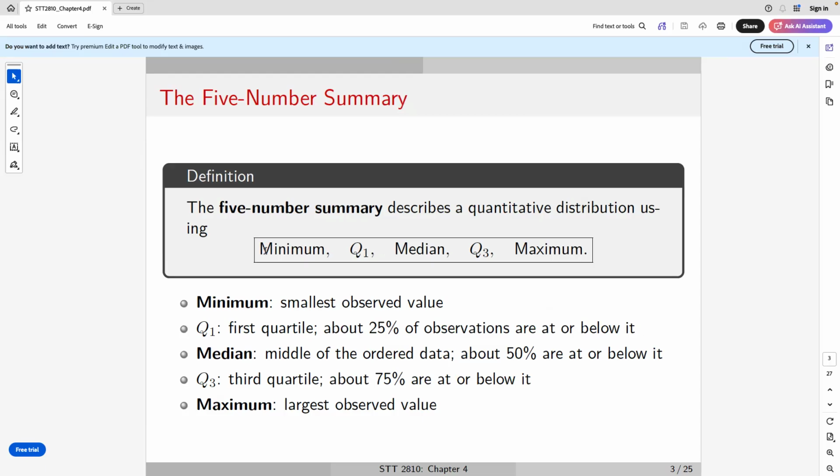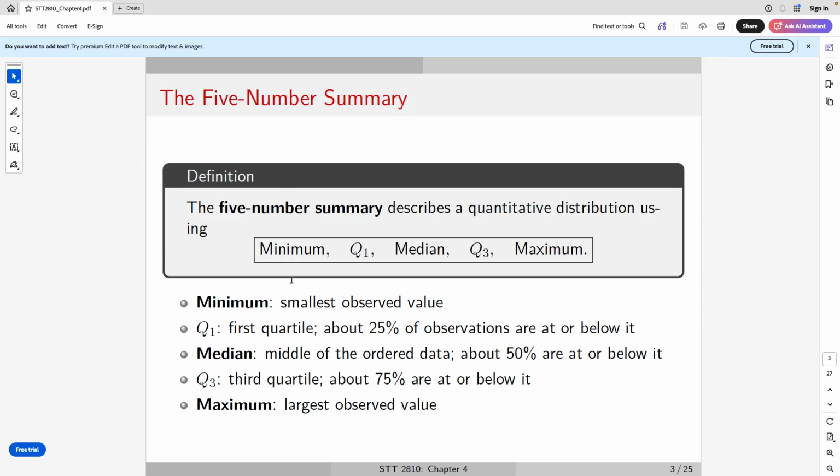So what do these numbers mean? We know that the minimum stands for the smallest value. And then the Q1 is the first quartile or the lower hinge, so about 25% of the observations are below it.